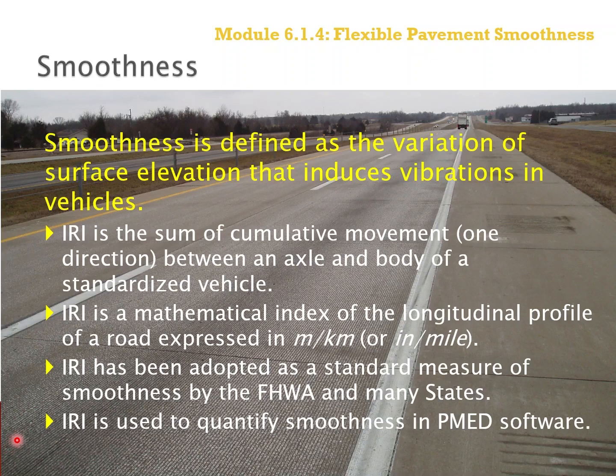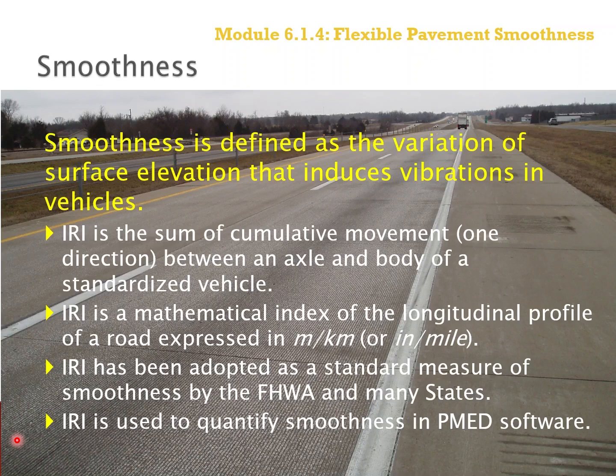IRI is basically the sum of cumulative movement in one direction between an axle and body of a standardized vehicle. IRI is a mathematical index of the longitudinal profile of a road expressed in meters per kilometer or inches per mile.